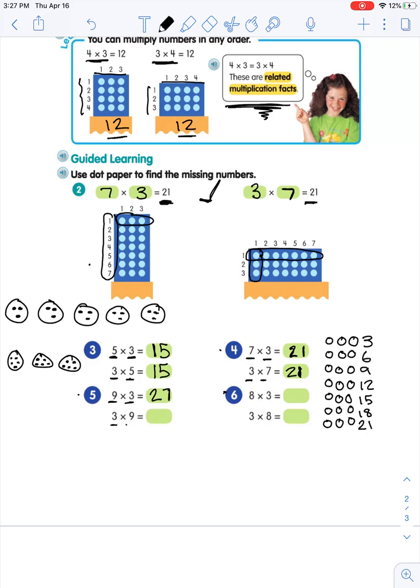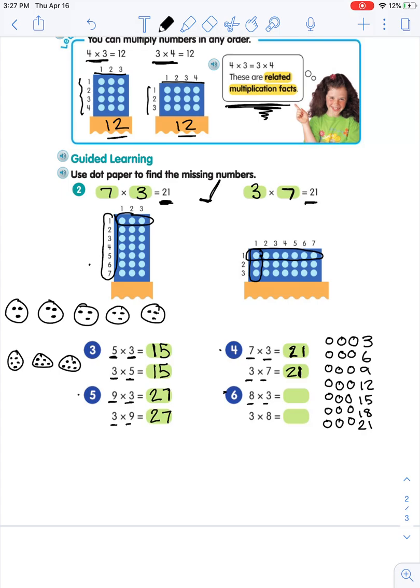And then I know that related multiplication fact, 3 times 9, would be 3 groups with 9 in each group, is also going to be 27. Remember, if you need help skip counting by threes, you can always draw out a picture like dot paper. You can draw groups like I did above on number 3. You can even do a number line to help you fill in all those missing ones to make sure you land on that right number.